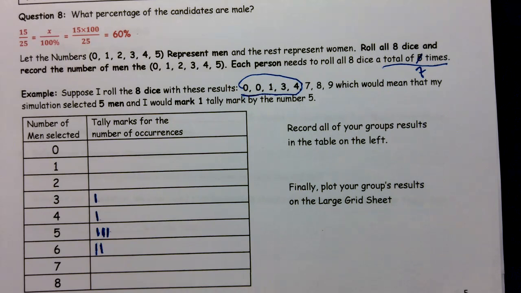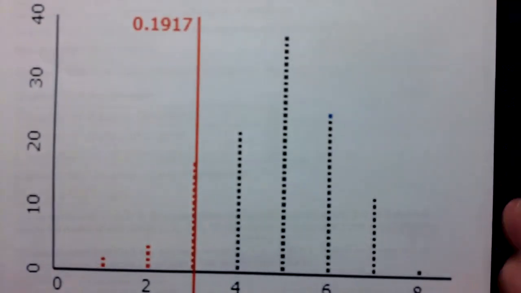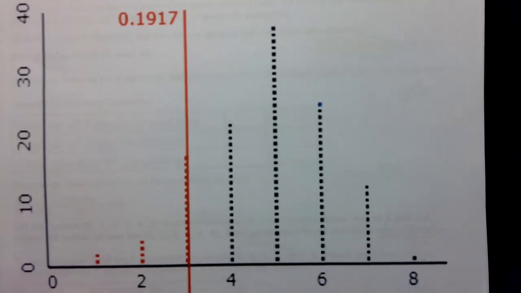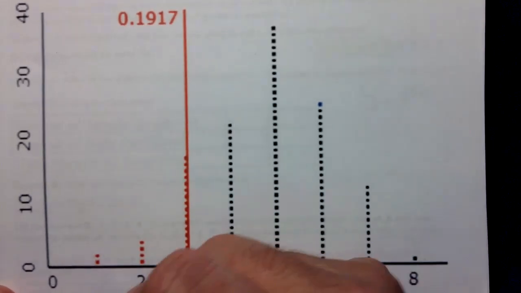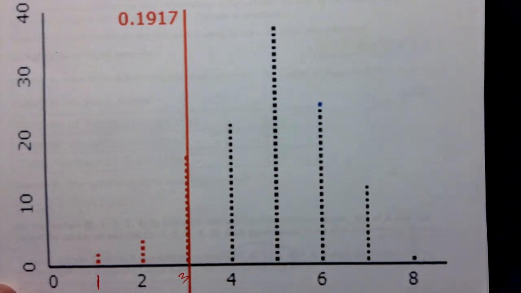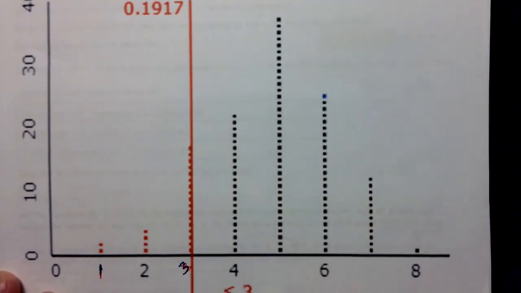Well, I simulated this, and I simulated this with 120 using a computer applet. And when I did that, this is 1, and this is 3, and we wanted to know how often we had less than 3.